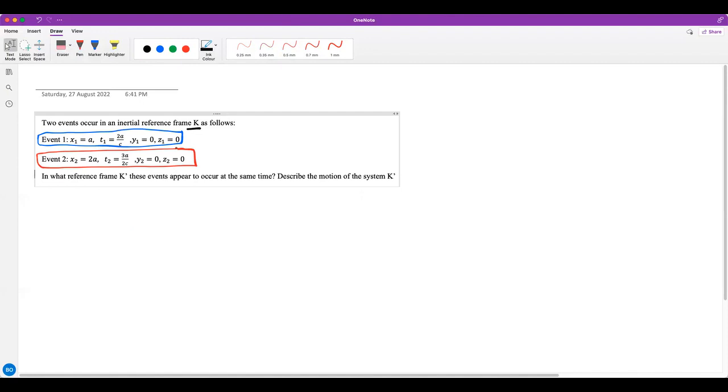So event number 1 is occurring at time 2a over c, and event 2 is occurring at time 3a over 2c.